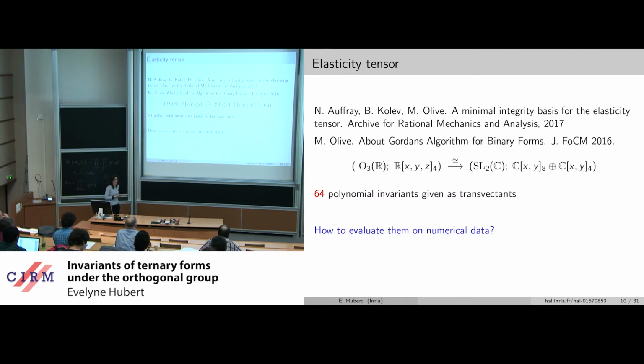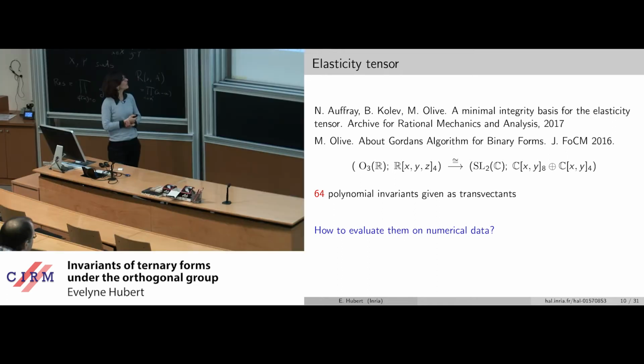And they actually obtain those invariants, in a way that comes from classical invariant theory, as transvectants. So it's all nice. The question is, how do you evaluate these invariants on data, and can you do it in a stable way?